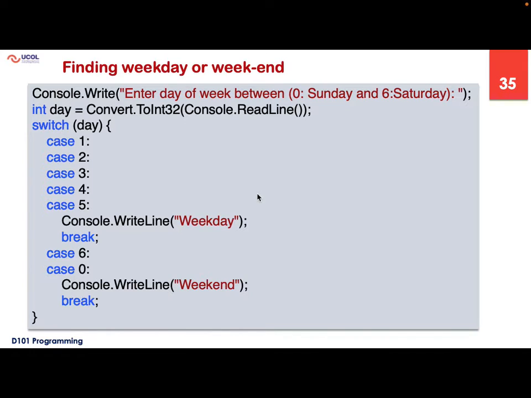Case 1, 2, 3, 4, 5, it's a weekday. Of course, we can put here, it's Monday, it's a weekday. It is Tuesday, it is a weekday. Wednesday is a weekday. If I do that, what will happen?